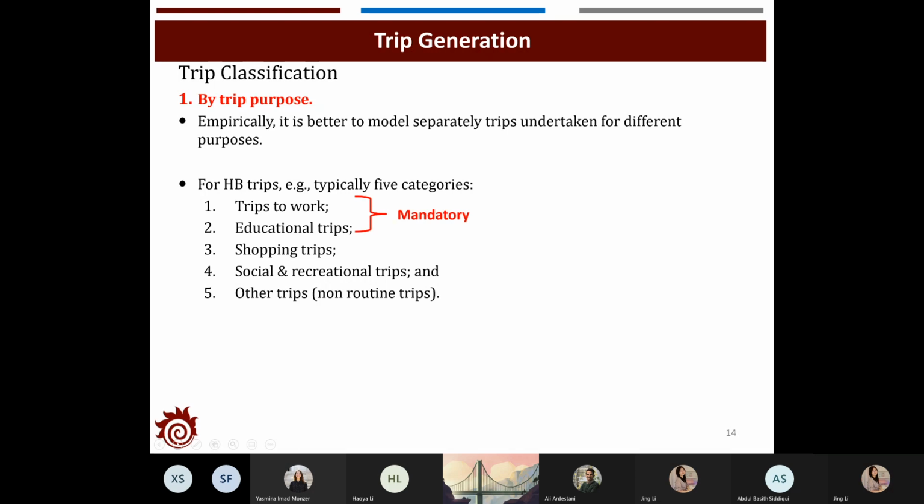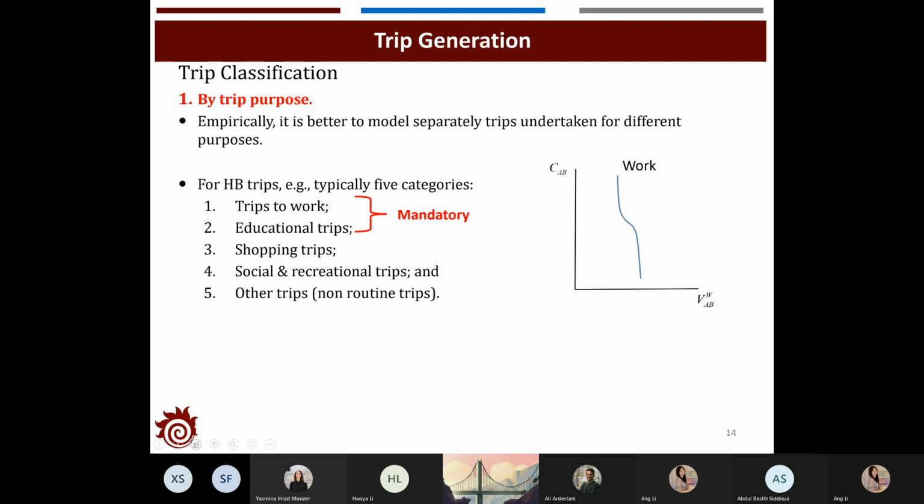The educational trip indicates the trip that you have to drive your kids to their school, or for college students, they may need to drive to the college to take the class, something like that. And for the other three types of trips, the shopping trips, the social and recreational trips, or the other type of non-routine trips, they are optional. So we call them the discretionary trips.